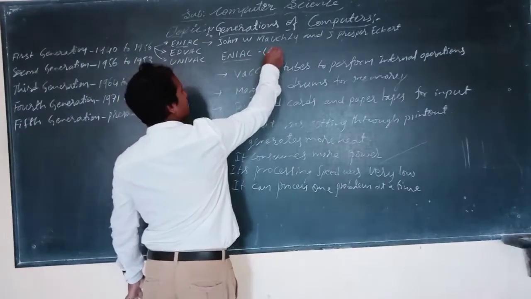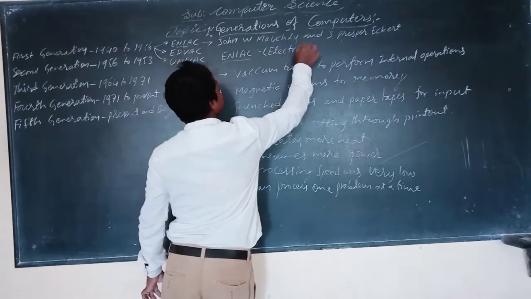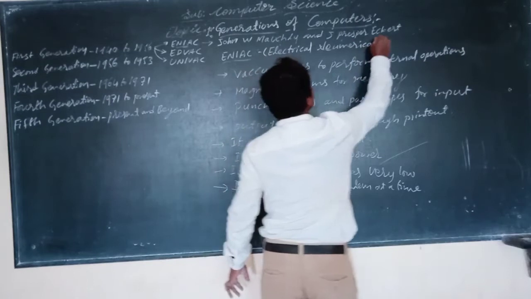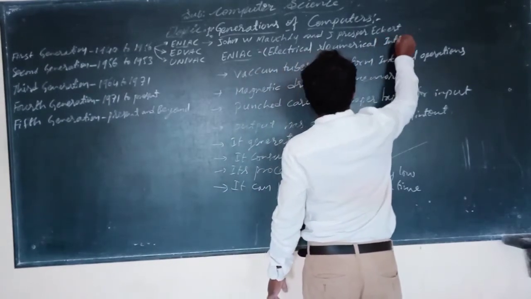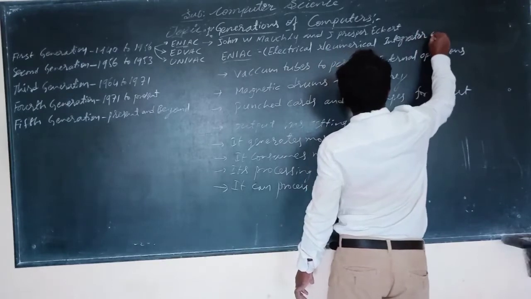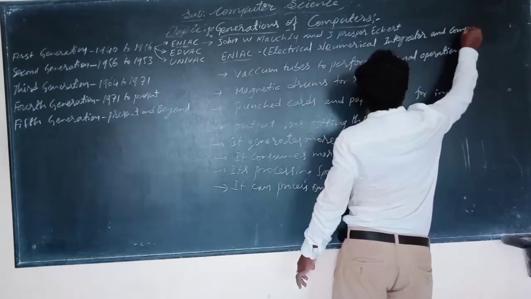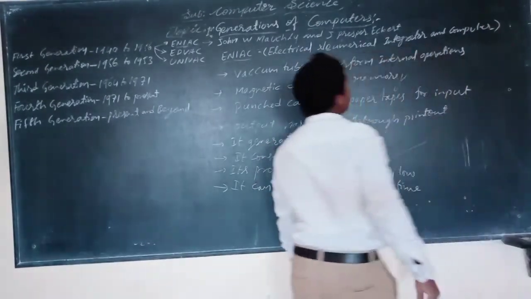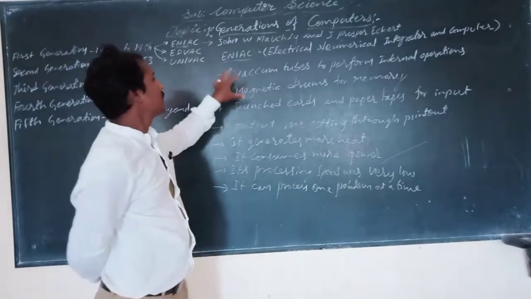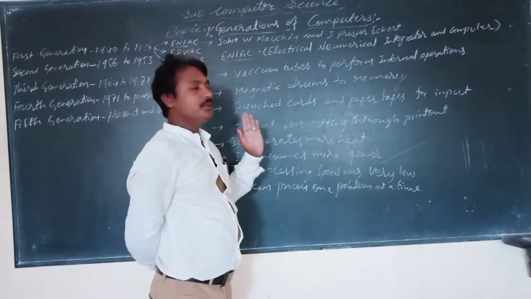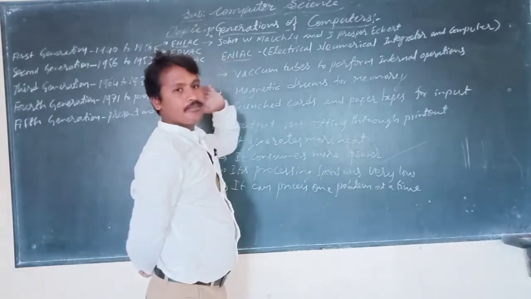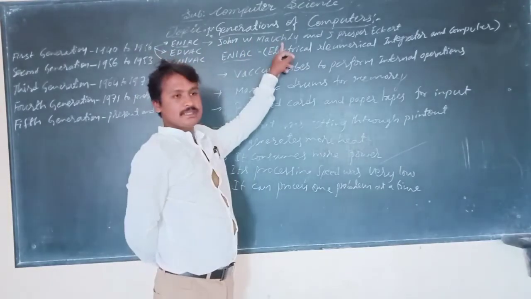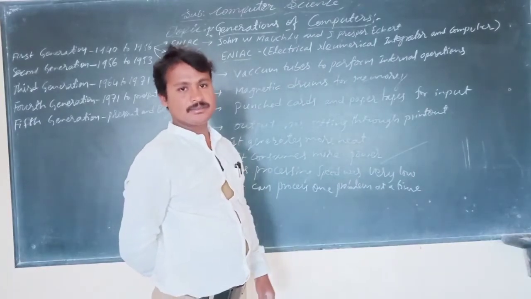ENIAC stands for Electrical Numerical Integrator and Computer. It was developed by John W. Mauchly and Eckert.